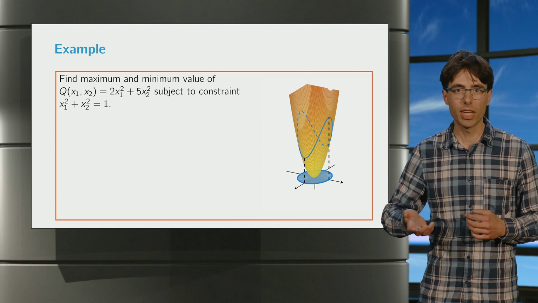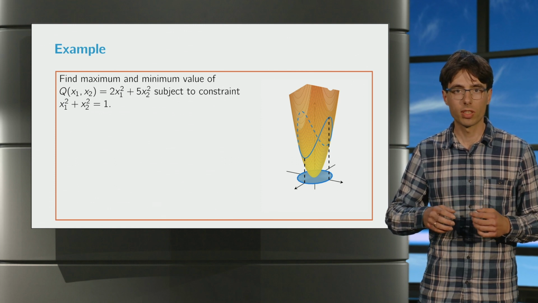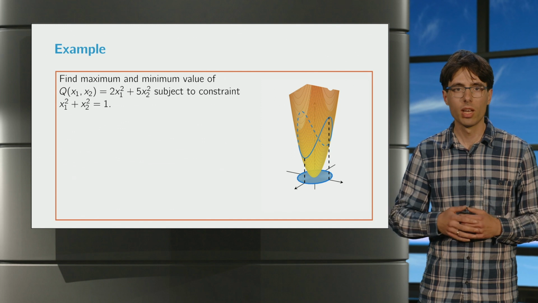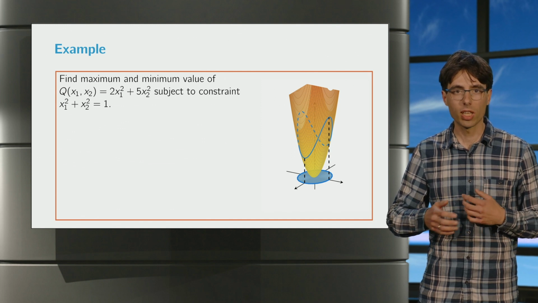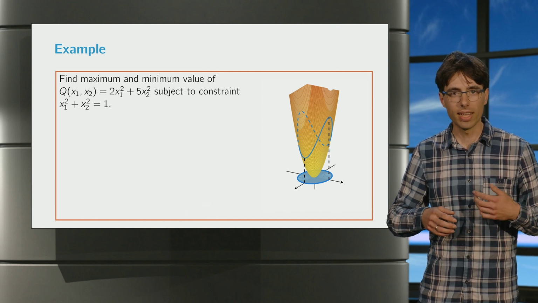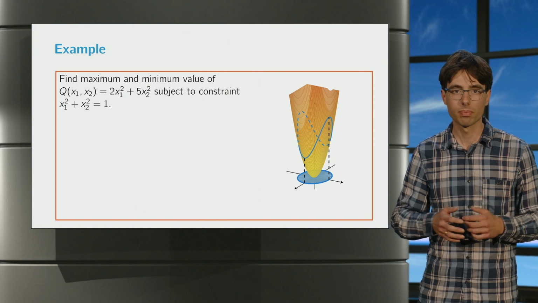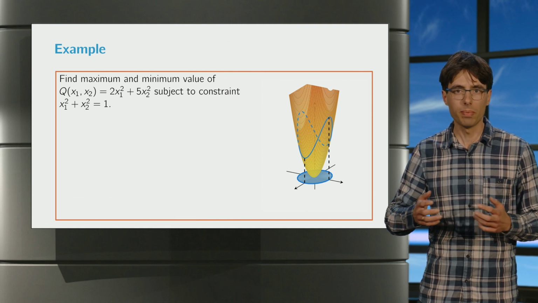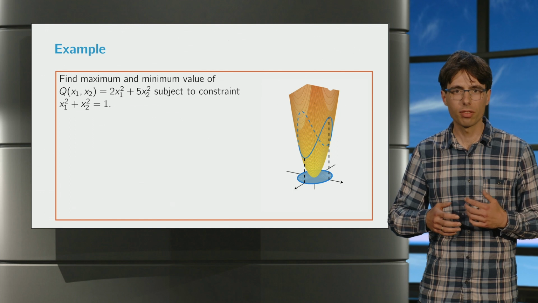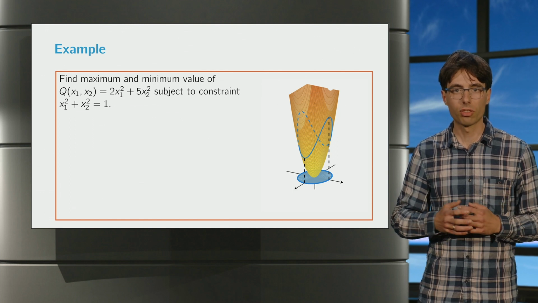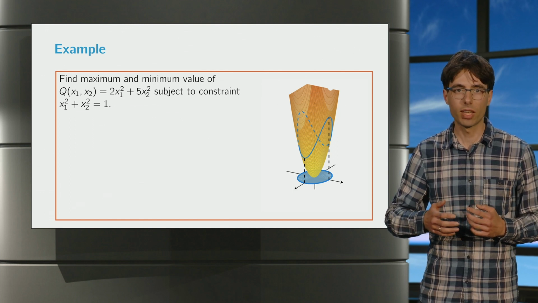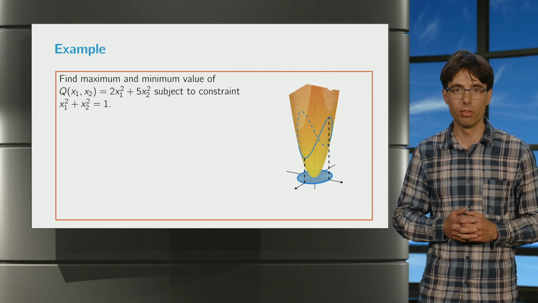Suppose we want to find the maximal and minimal values of the quadratic form 2x1 squared plus 5x2 squared subject to the constraint that the length of the input vector should be 1. This constraint means that we restrict the graph of the function to the blue line and try to find the maximal and minimal values on this part of the graph only.